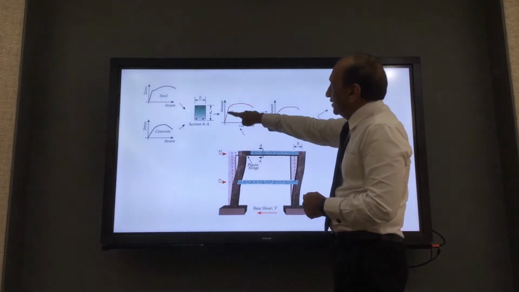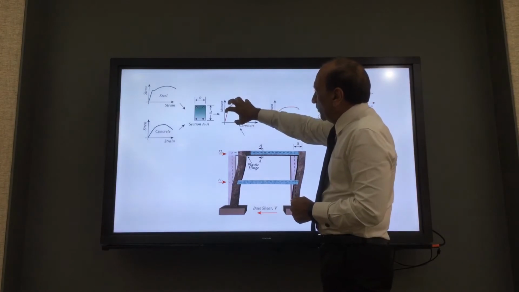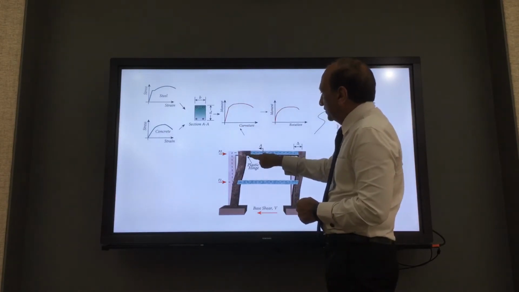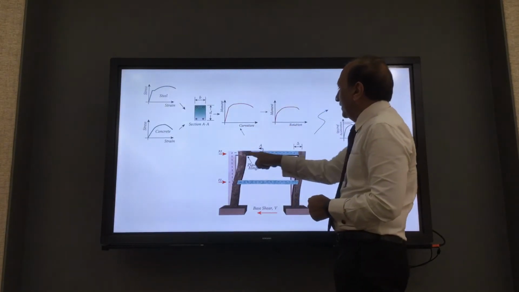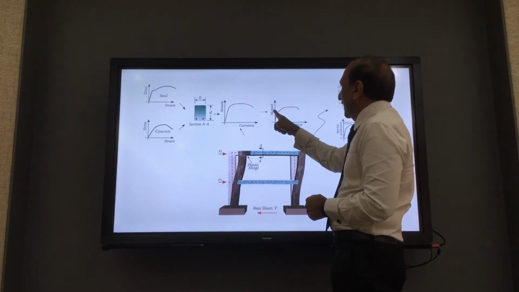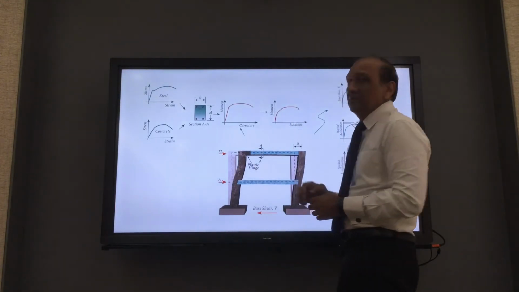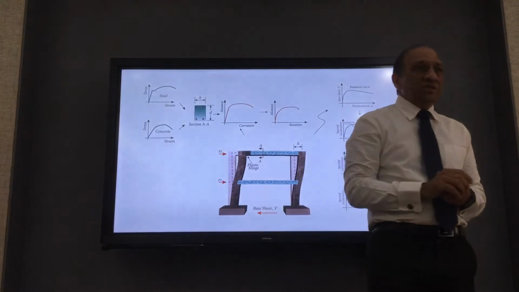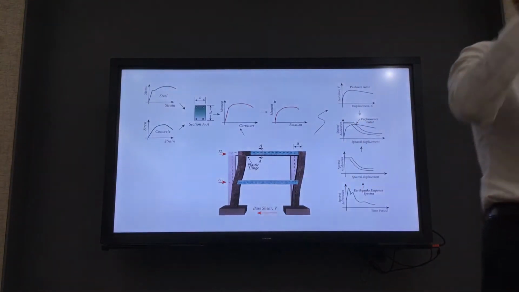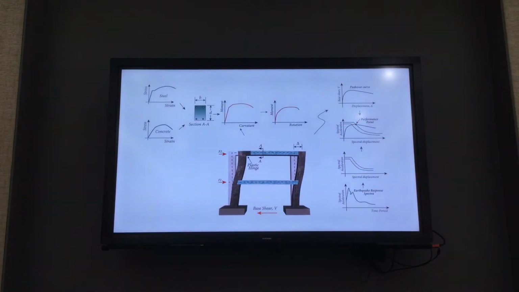So you assign this property to this hinge. In fact, you multiply it by a length called the hinge length, and you convert that into a moment rotation curve rather than a moment curvature curve, because the moment curvature curve is for each cross section. But we assume that the beam is yielding for a certain length, because one cross section cannot yield alone. The next cross section will also yield.